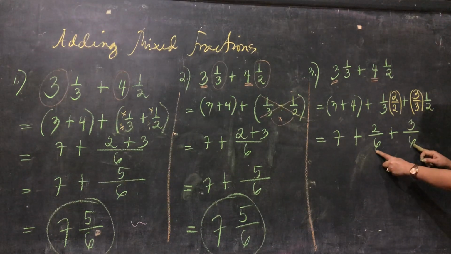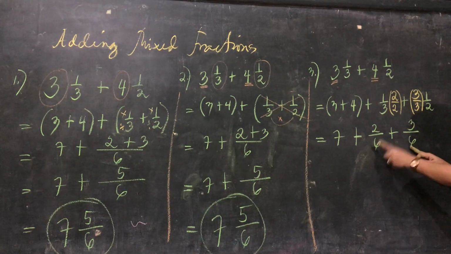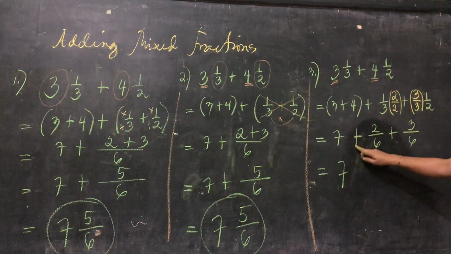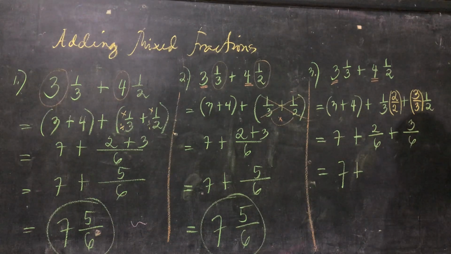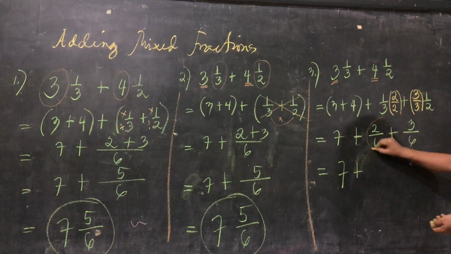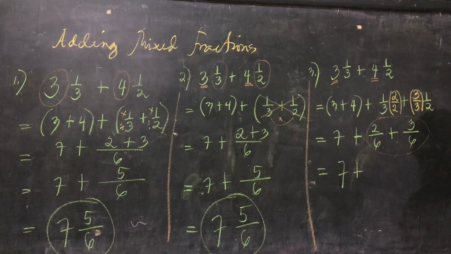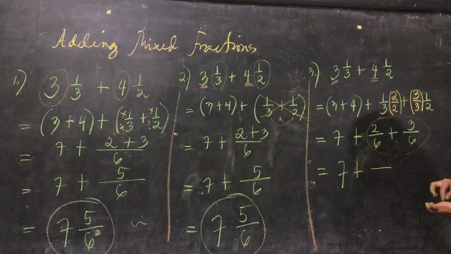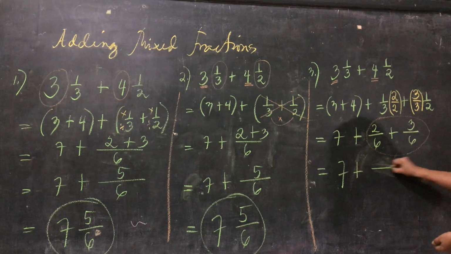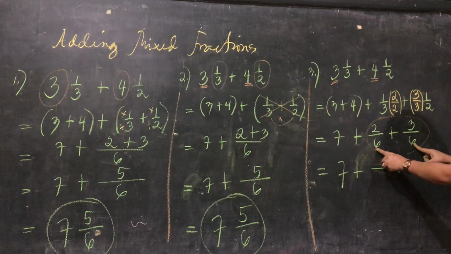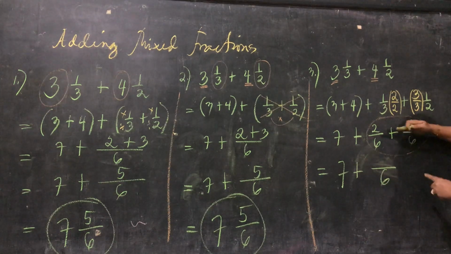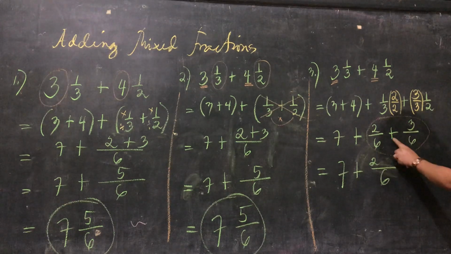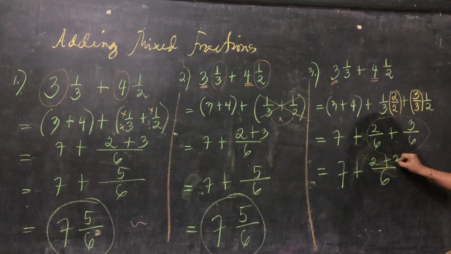Tanawa ang duha ka fraction. Same na silang denominator. So, sisiw na lang. Copy si 7. And then, copy ang plus sign. And then, focus ta diri sa fractions nga i-add nato. Parehas man ang ilang denominators, just copy and then add sa taas. 2 plus 3.